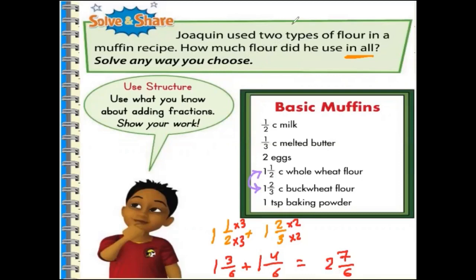But we have a new part, and take care in it. The 7 is bigger than the 6. The numerator is bigger than the denominator. What should I do in this case? It is called an improper fraction. I'm going to make it a mixed number again.